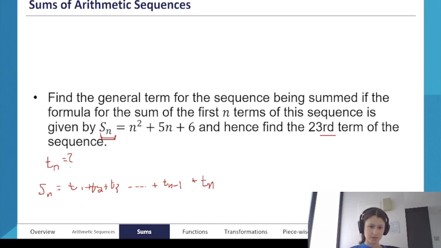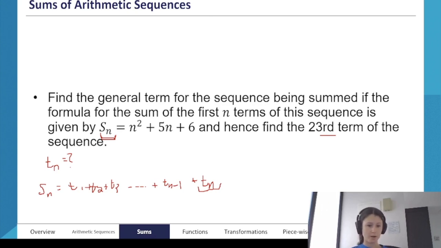So this is useful because it puts Tn in our Sn formula. This kind of provides us with a link, right?